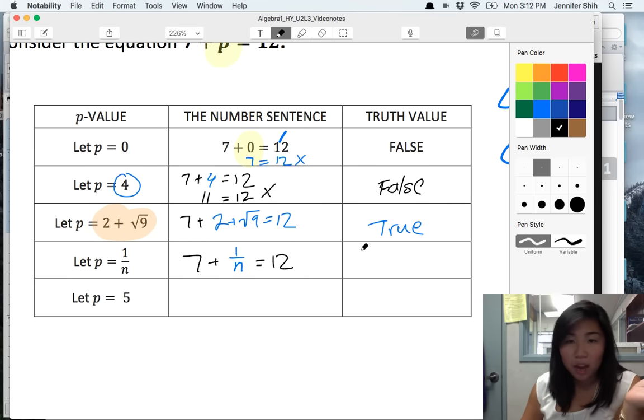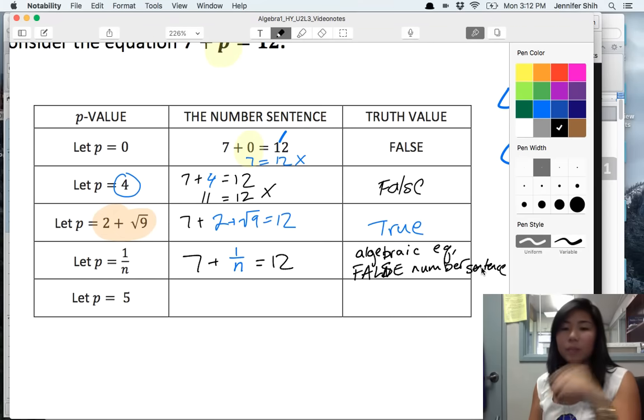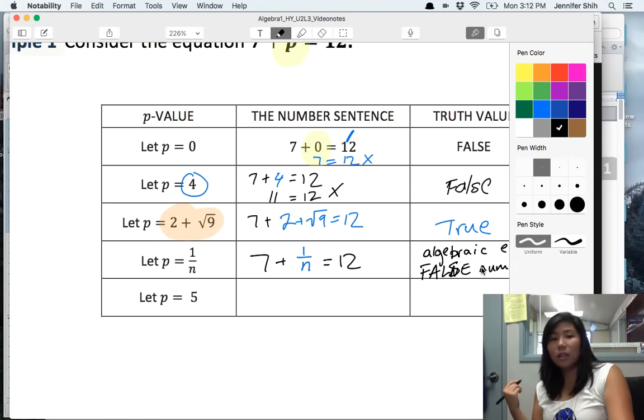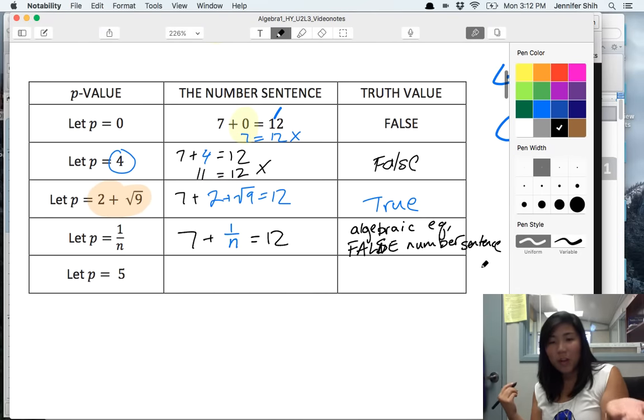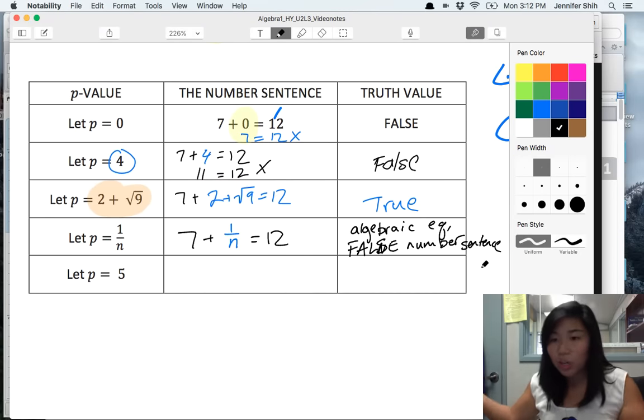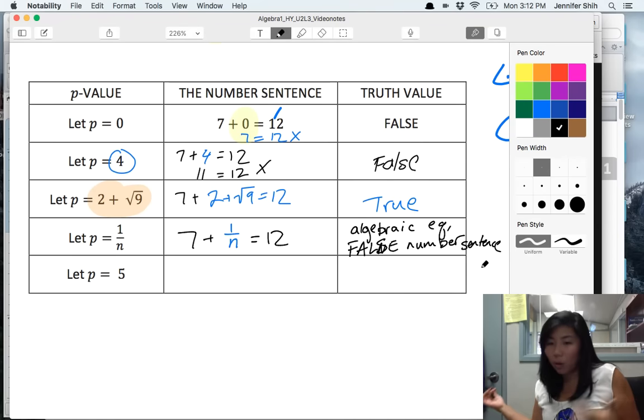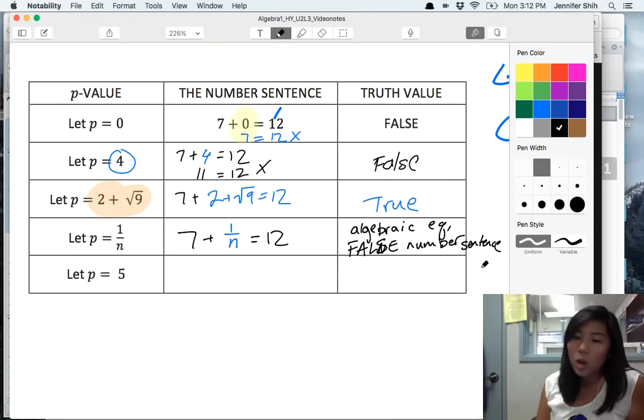So this is an algebraic equation. If we let p equal 1 over n, we wouldn't even get a number sentence, so we wouldn't know if it's true or not, because it depends on what we put in for n, and it doesn't tell us what we're going to put in for n if it is a true statement.